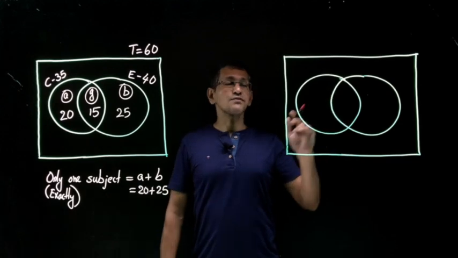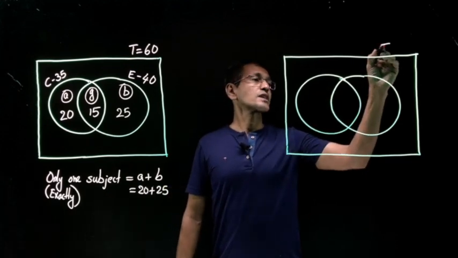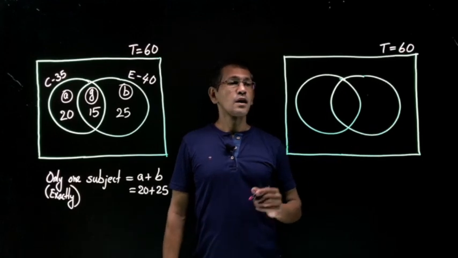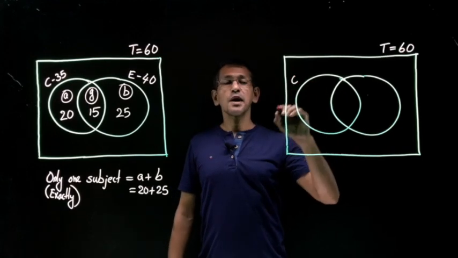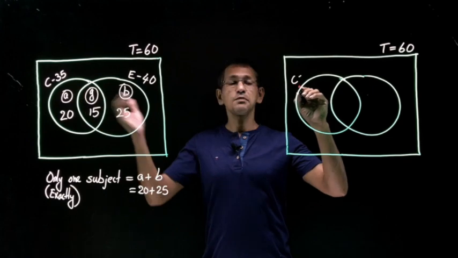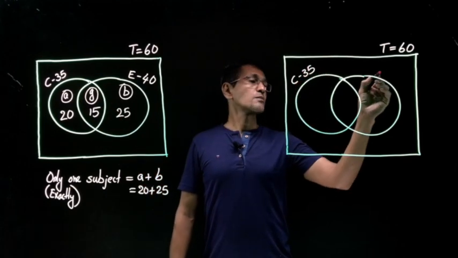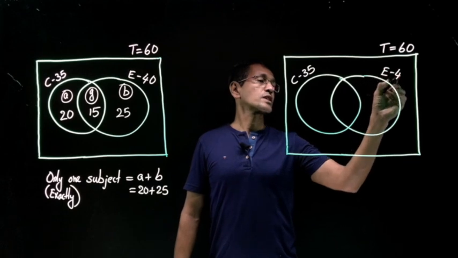And look at this batch of students. Total we have 60. The number of students who passed in computer science is exactly like the other batch, 35. And economics, 40 students.